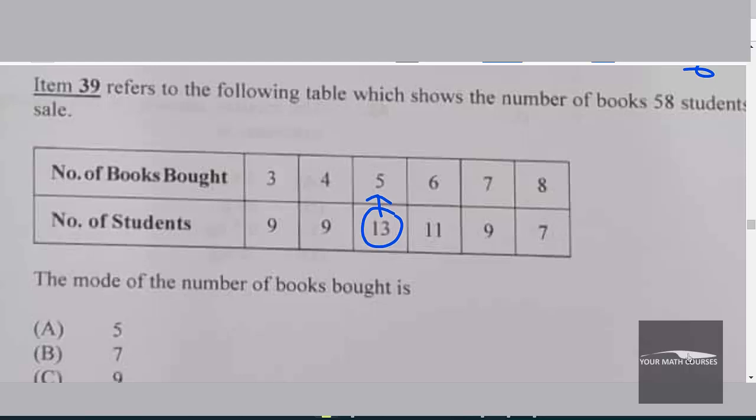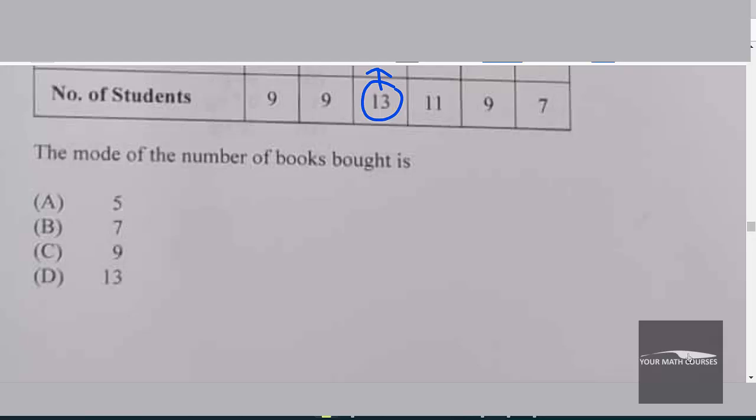The mode of the number of books bought is, mode is the most occurring item. So we look at the number of students that is the most, which is 13, and the number of books bought is 5. So the mode of the number of books bought is 5.